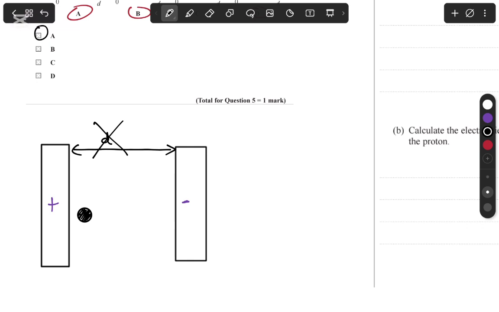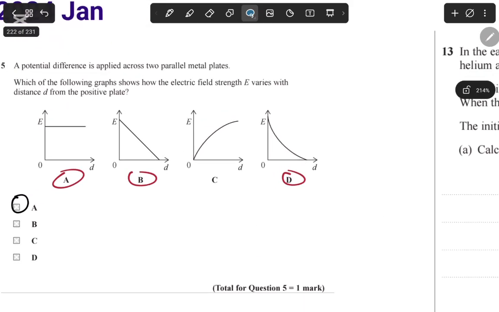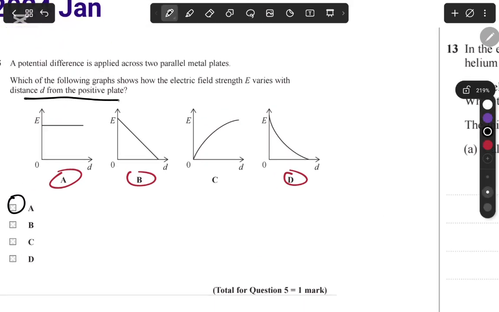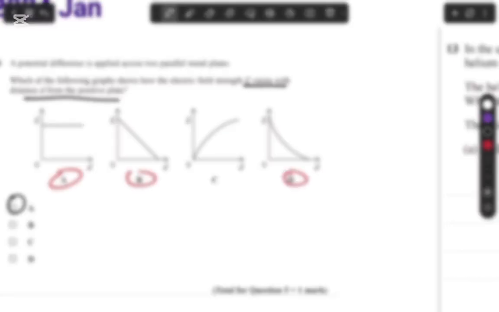But we're not talking about that distance. We're talking about, as I said a few times already, the distance covered by the charge. So I hope that point is clear. That's why it's important to highlight this last point in the question: which of the following graphs shows how the electric field strength E varies with distance D from the positive plate?